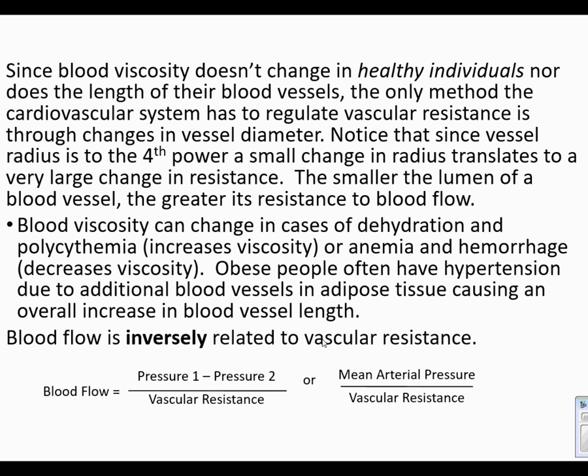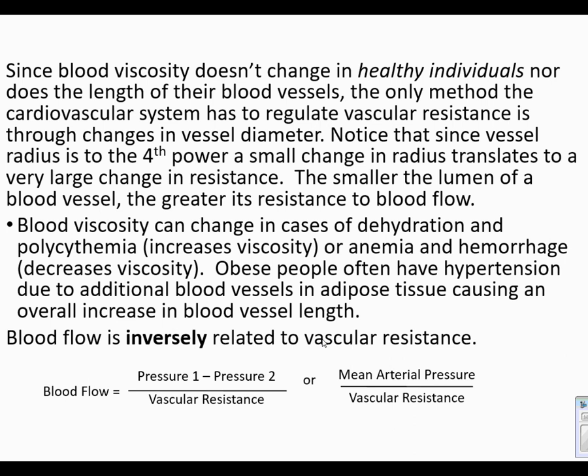The smaller the lumen of the blood vessel, the greater its resistance to blood flow. So our arterioles are described as resistance vessels because they have the greatest resistance. Now, you might think that's a bad thing because it sounds like they resist flow, but they actually are what control and determine where blood goes, which is important.